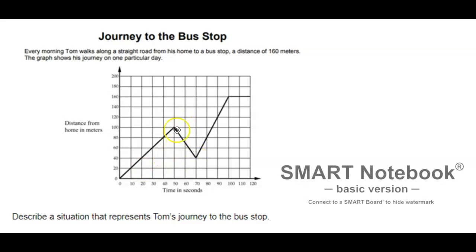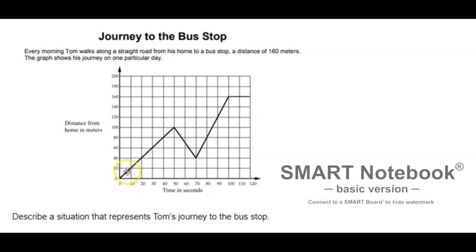So I would say that for this part, he's more than likely jogging, because he's going, what is it? No, 20 seconds, he's traveling 20, 40, 60 meters. So that's 3 meters per second.